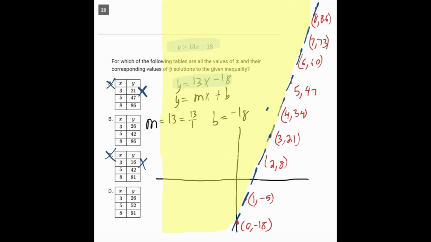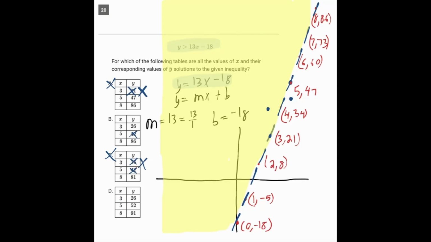(3, 26), well, that's okay. That's around here. And choices B and D both have that point, (3, 26). So now in answer choice B, let's look at the (5, 42). Well, when we have 5, our height is 47. So (5, 42), that's going to be below. And that's bad. We needed it to be above. So (5, 42) is also out, in addition to the (3, 21) and the (3, 16).